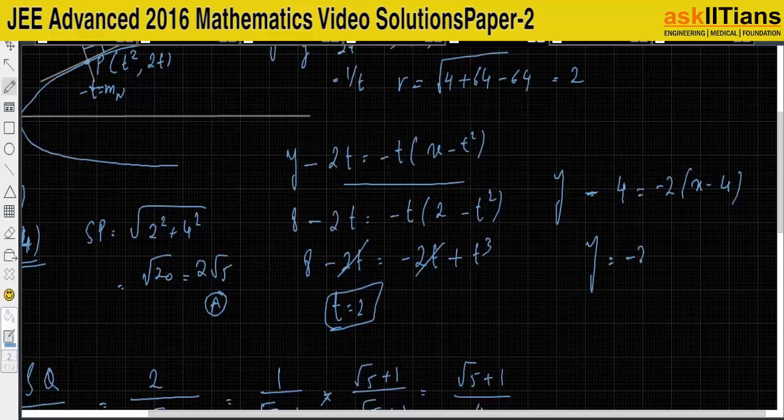So y equals minus 2x plus 8 plus 4. Wait a minute, equation of normal at 4 comma 4, right?